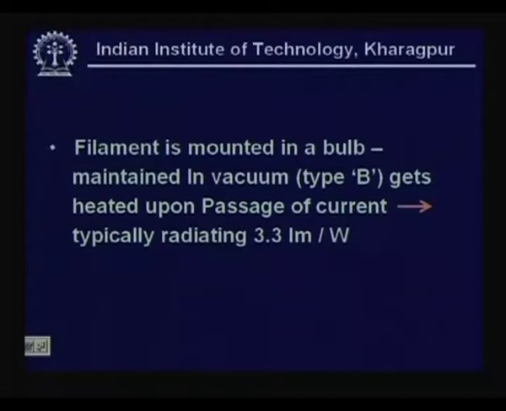Now, this filament is mounted in vacuum, and typically this filament had a light output of the order of 3.3 lumens per watt. Recall the light flux we mentioned is talked about in terms of lumens.